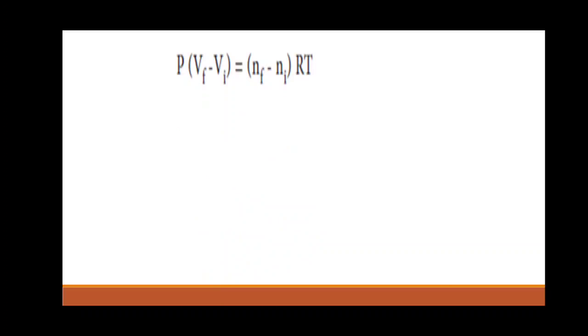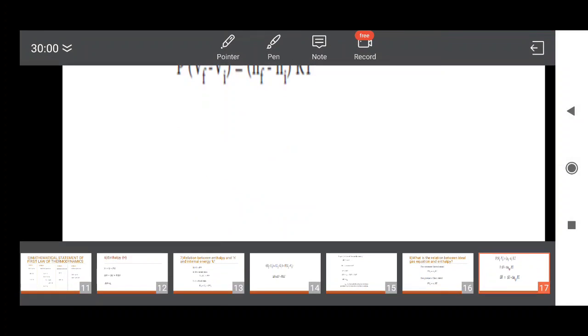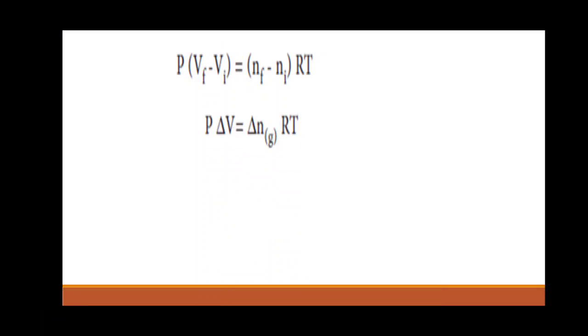Now the change in volume and the change in the number of moles. How can you write it? P times Vf minus Vi equal to Nf minus Ni multiplied with RT. Then the change in volume del V: P del V equal to the change in number of moles del N, the state is gas, times RT, gas constant R and temperature in Kelvin.